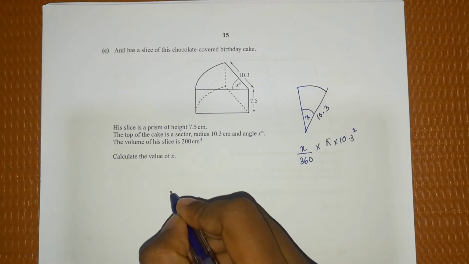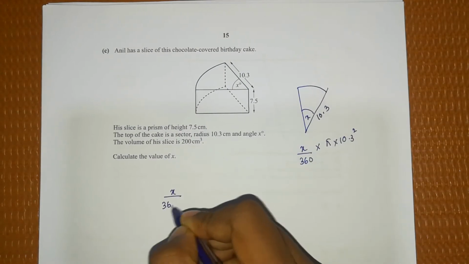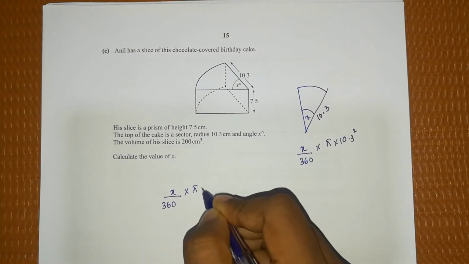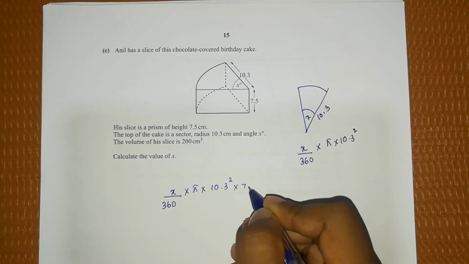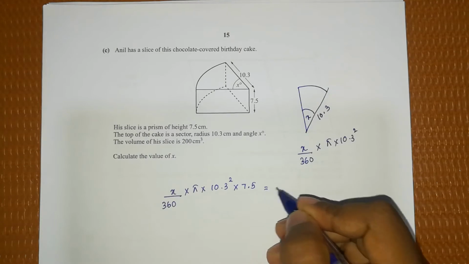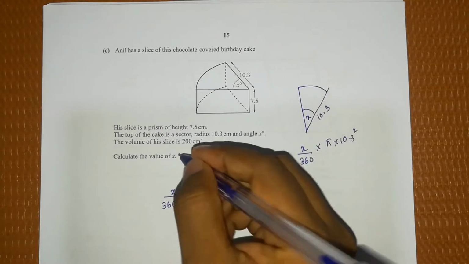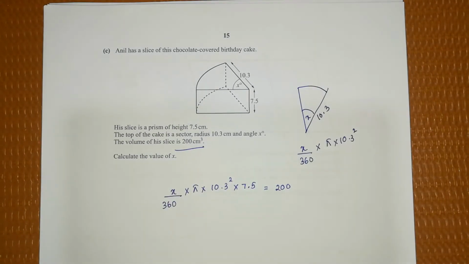So you can write it like this: x upon 360 into pi into 10.3 squared into 7.5, and it equals 200, because they say the volume of his slice is 200 cubic centimeters.